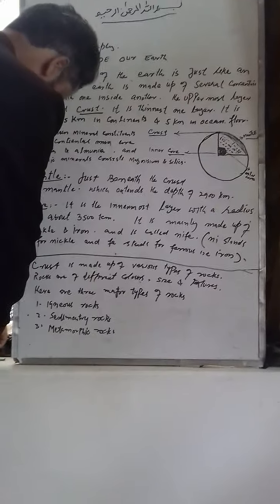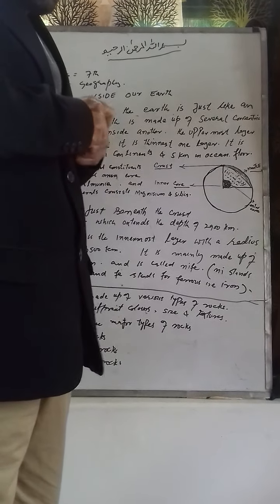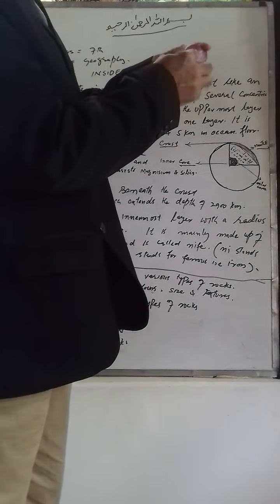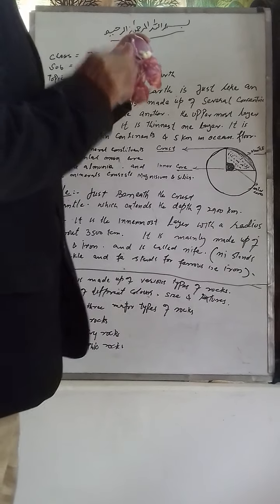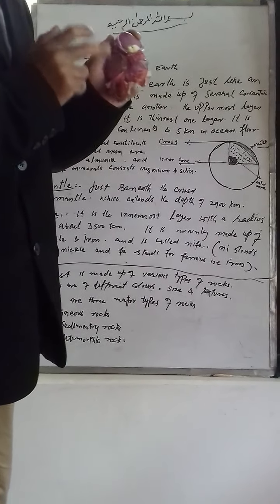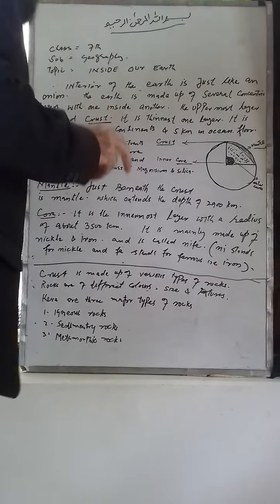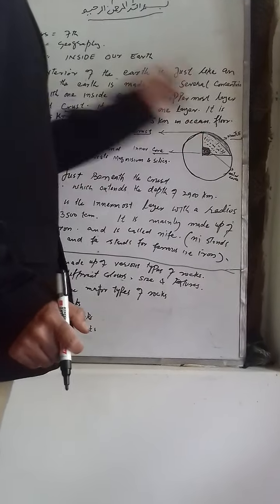The last layer, the core, the innermost layer, is known as core, with a radius of 3,500 kilometers. This is the core. It is 3,500 kilometers beneath the mantle.